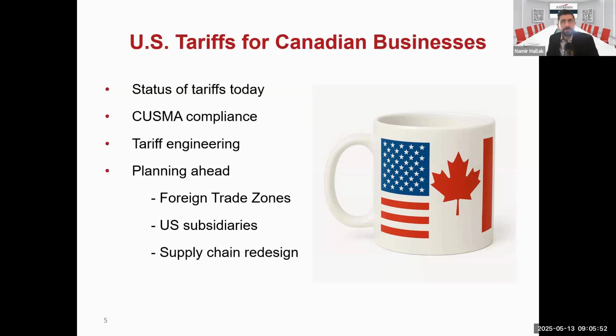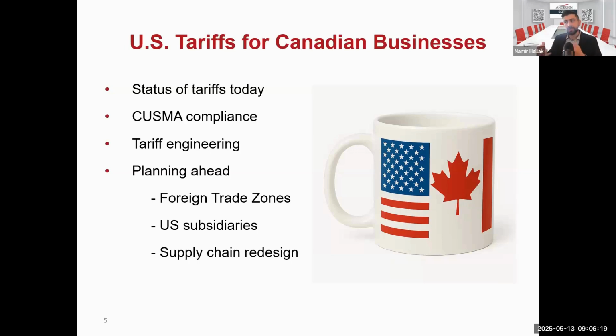And another strategy that's been garnering more attention again in this US-Canada protectionist landscape that we're in is what's known as US foreign trade zones, or FTZs. These are essentially specially designated areas where goods can be imported, stored, or even processed without triggering duties or tariffs when they enter that zone.